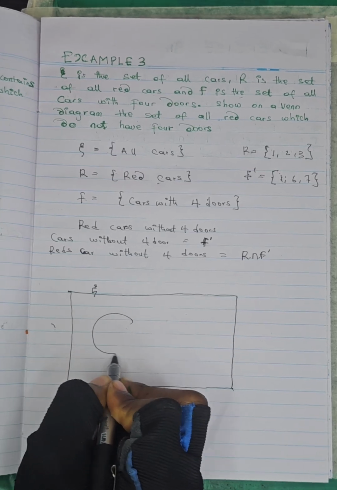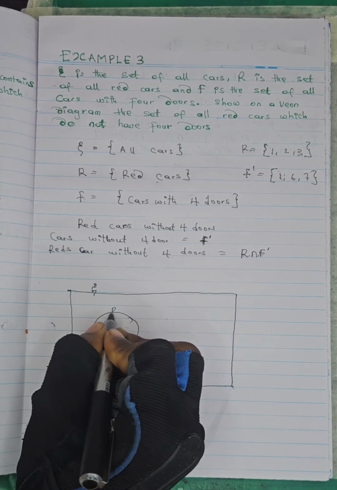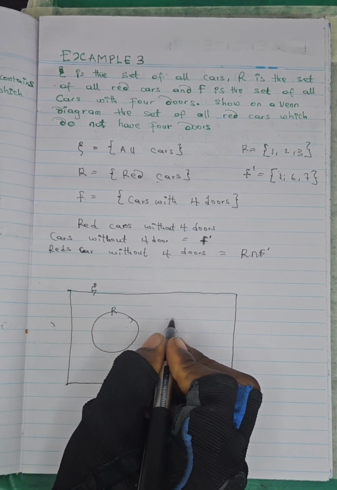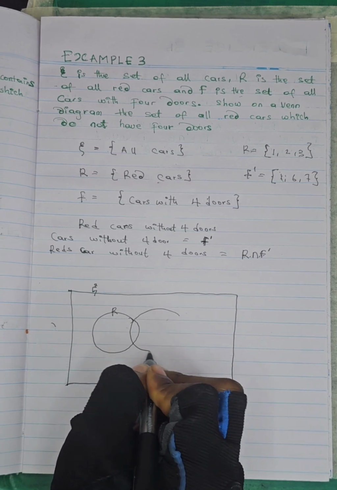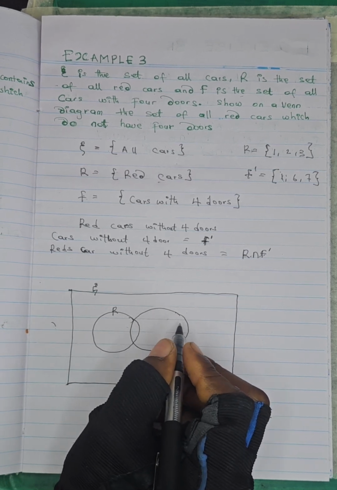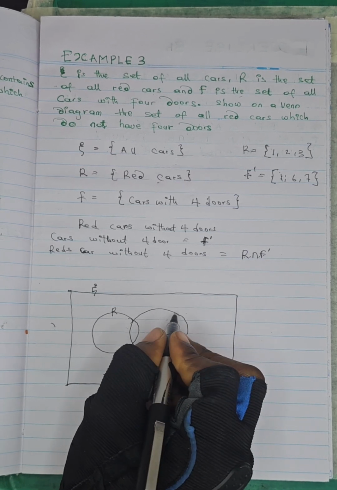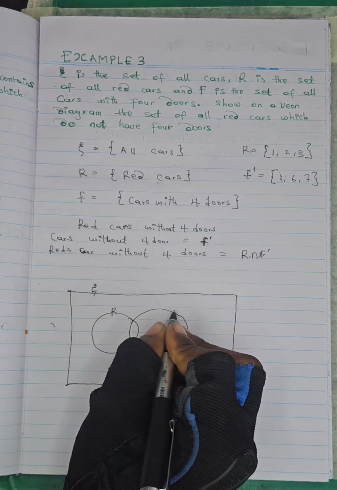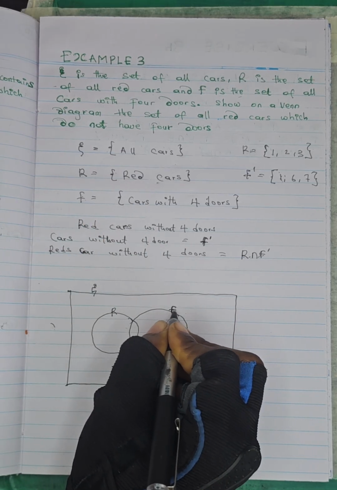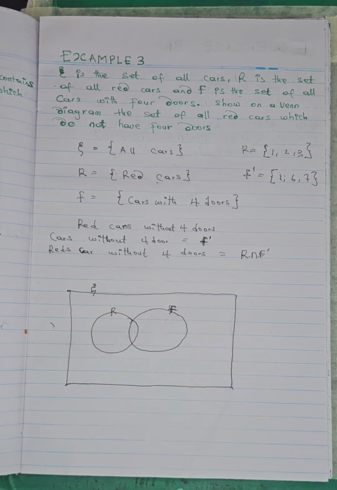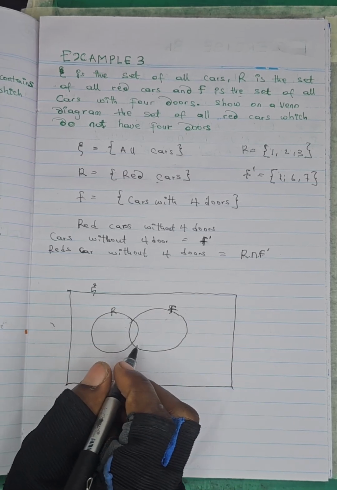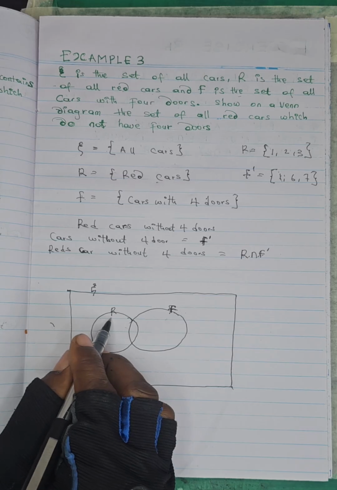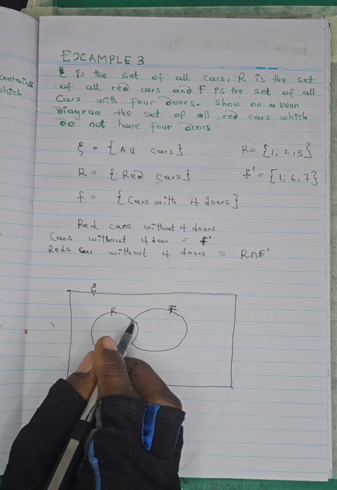So let's say this is R, which is red cars, and this is F. F stands for cars with 4 doors, right?